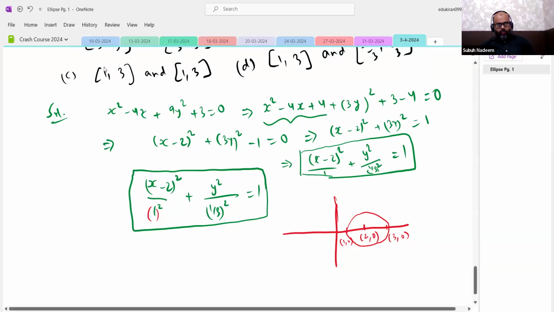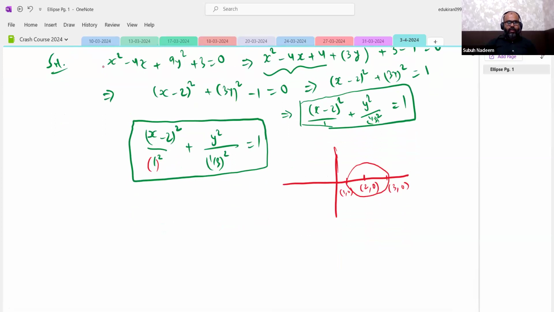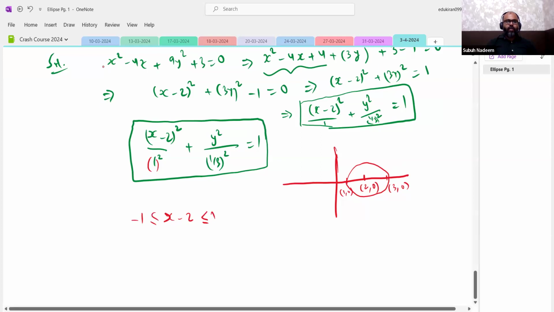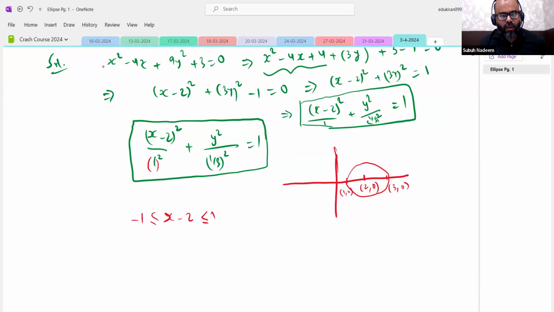Now, if you see this figure, you can say that this x minus 2 should lie between 1 and minus 1, that is, a and minus a.